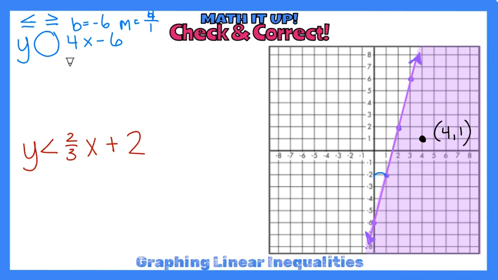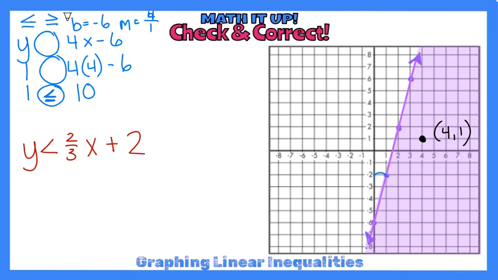So let's plug that in. So I have 4, my x is also 4, -6, don't know what this is yet, but my y is 1. So I have 4 times 4 is 16, -6 is 10, and 1 is less than or equal to 10.